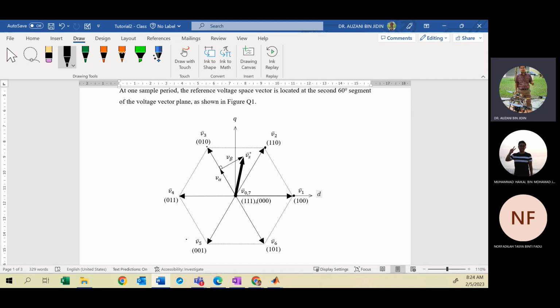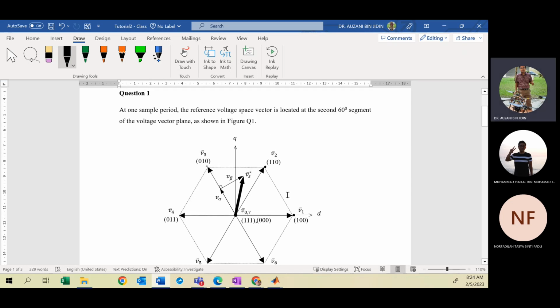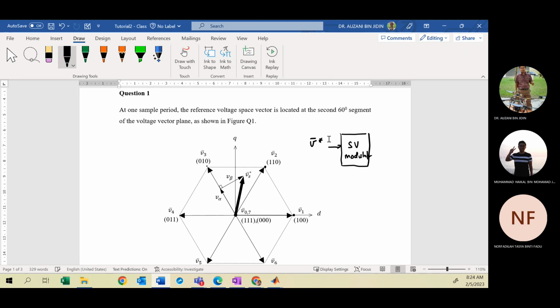So for question number 1, let's say you have the modulator. So this is your space vector modulator, where your reference is the space vector. I put the superscript star here, indicating that this variable is the reference signal.